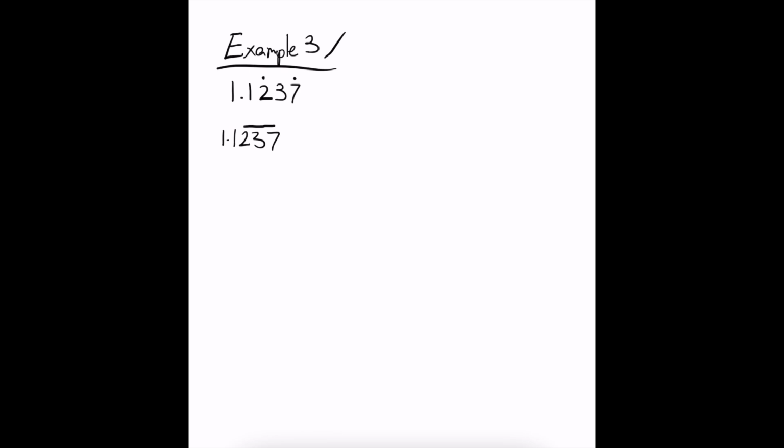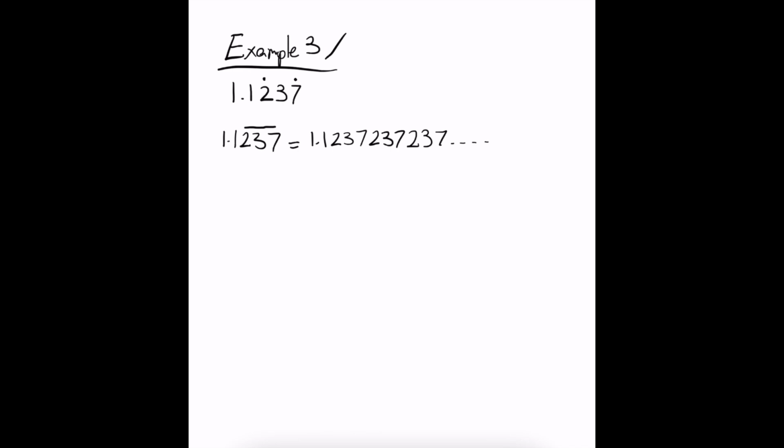What this means is that the 237 is the component that's going to be recurring. So when we translate that into a recurring decimal, the 1.1 stays the same and does not continue recurring. Instead, it's this 237 component that keeps on repeating itself.